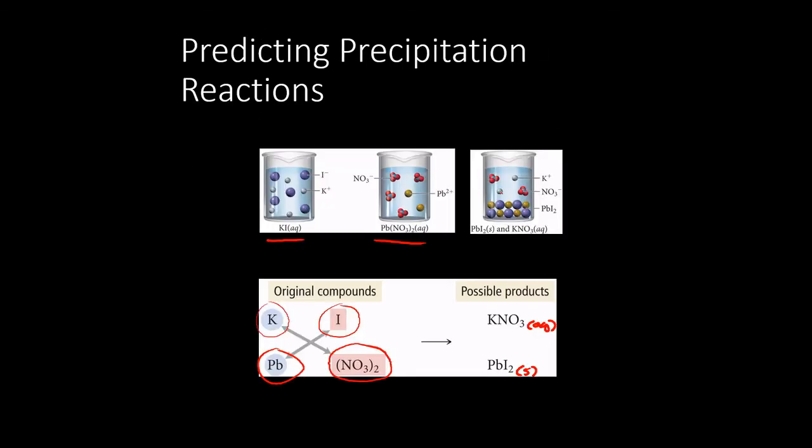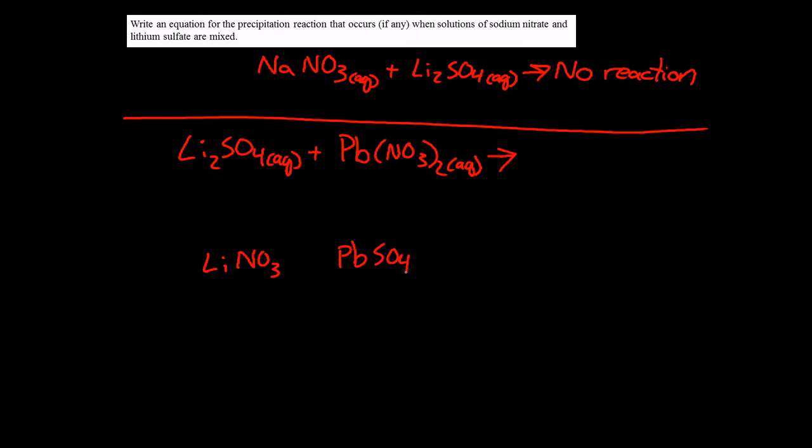And so this would be a solid, this would be aqueous, and so for our products here, we would have LiNO3 in aqueous phase plus lead sulfate. I ran out of space there, which is a solid.